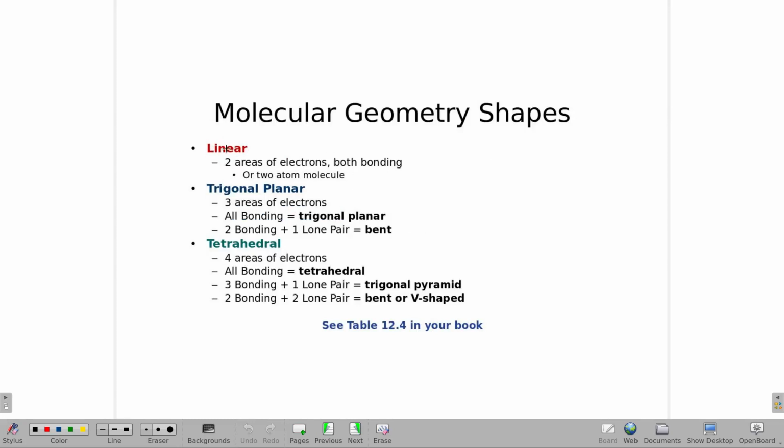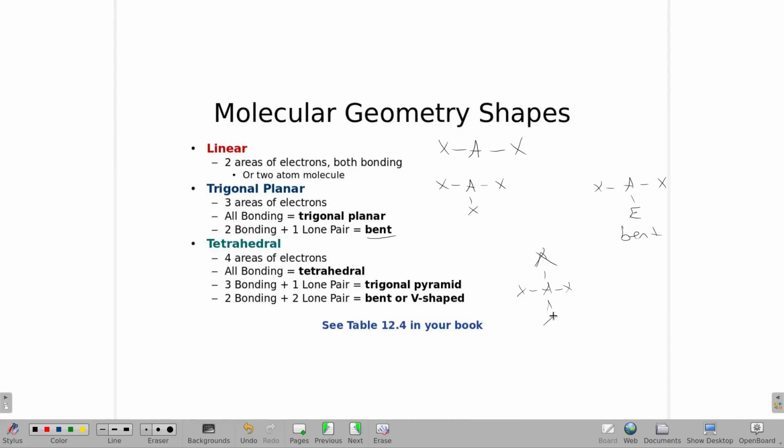So we have linear, and that is just a single atom with two groups. And we have trigonal planar, which is a single atom with three groups. But if you take one of them and turn it into an electron pair, we have a shape we just call bent. This one's bent. And then these guys, you have four groups.